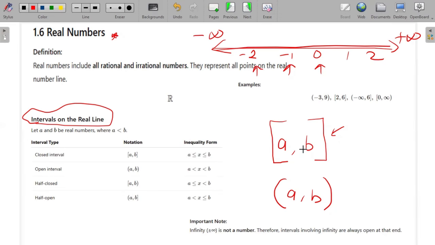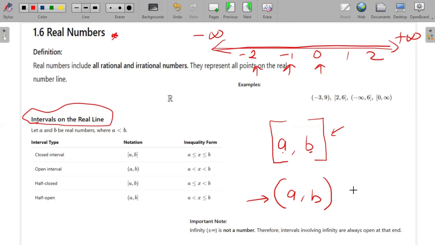So this interval is from A to B, including the A and the B, because they are square brackets. But if I consider these ones with curved brackets, this interval will contain all the numbers between A and B, but it won't contain A itself or B itself.